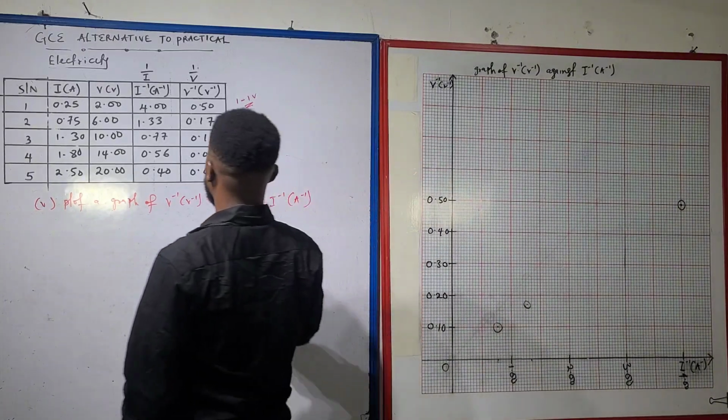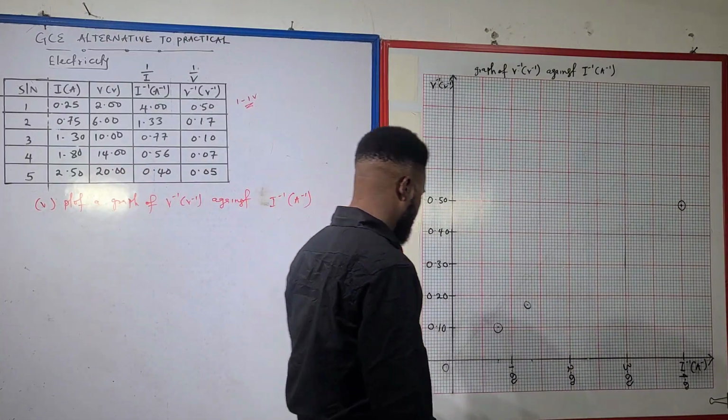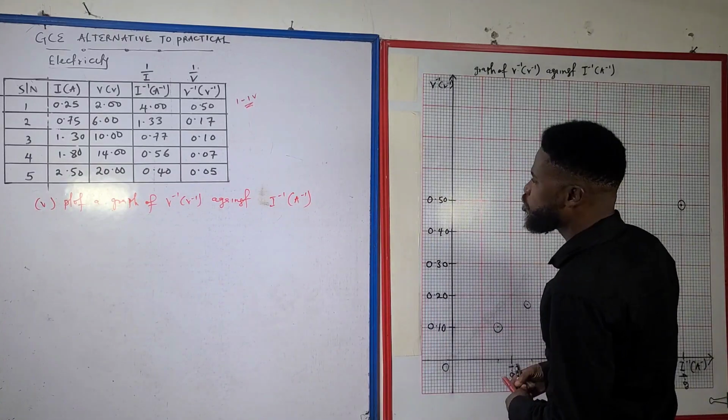So 0.07 for my voltage and 0.56 for my current. 0.07.